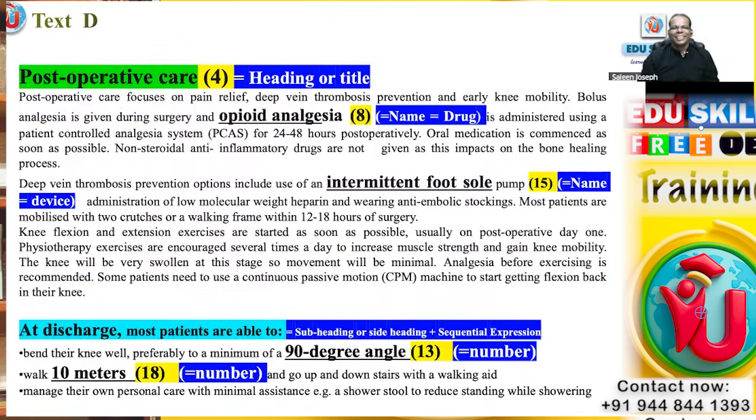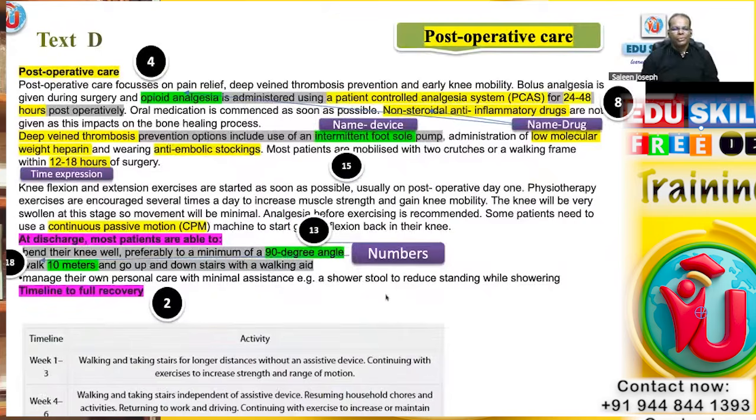Post-operative care is the heading or title, opioid analgesia is the name of a drug, intermittent foot sole pump is the name of a device, then a subheading or side heading or sequential expression, at discharge, then again numbers: 90 degree angle, 10 meters. Timeline to full recovery is a subheading or side heading at the end. So beautiful. Then there is a big table you don't require to look into at all.